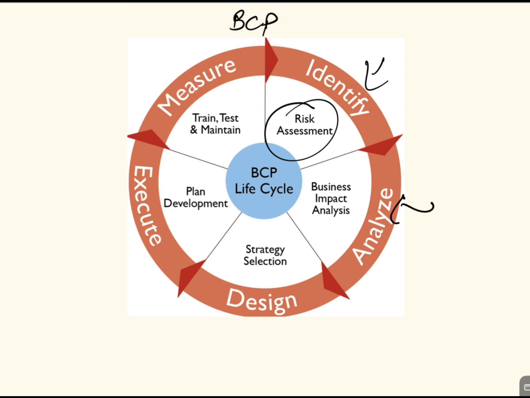At phase two, we will in fact discuss business impact analysis, to determine what is critical, what hurts the business most. Identify critical processes and assets. So here we will identify the most critical assets.